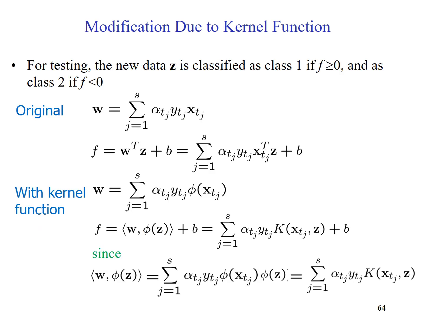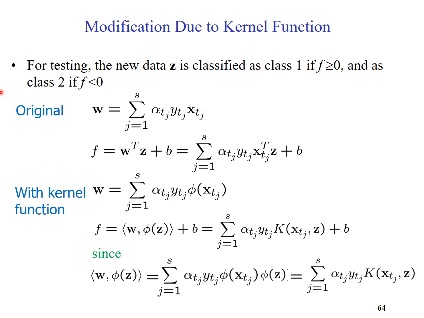So by solving the dual problem using the kernel in the previous slide, now we are able to get the values of alpha. By using alpha, now you can calculate the linear classifier of SVM.